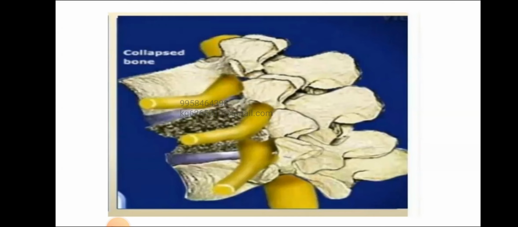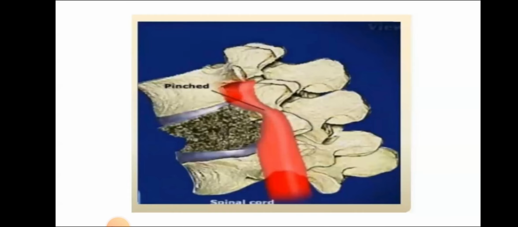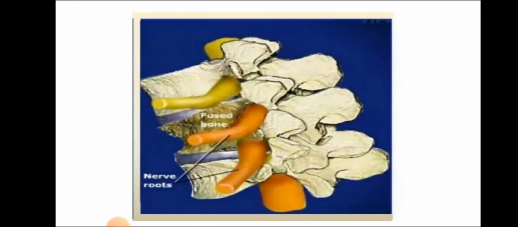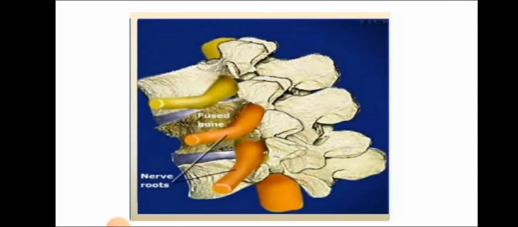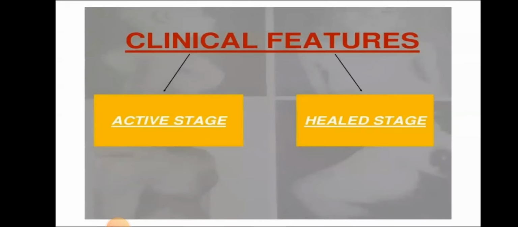The bone, weakened by the infection, collapses under the weight of the human body. The deformed spinal column compresses the spinal cord, producing functional impairment. And over time, the deformed vertebrae heal and fuse, and this may further compress the nerve roots, causing pain and neurological deficit. That is the pathogenesis of TB spine.